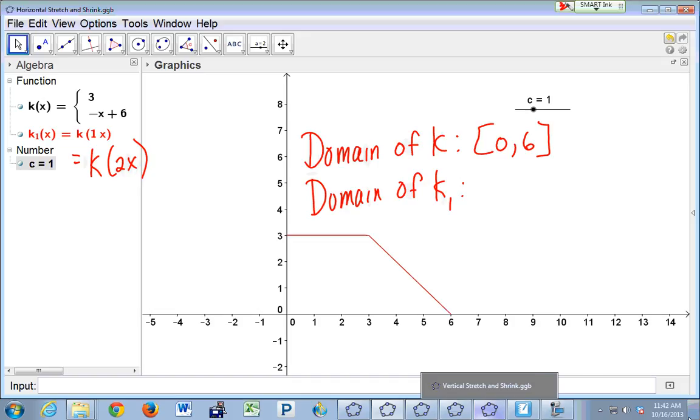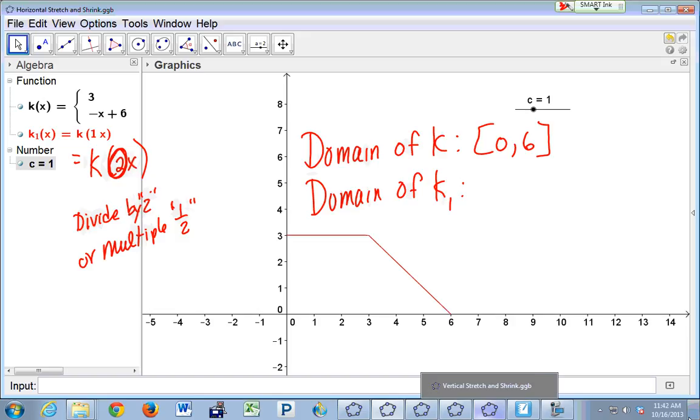What do you have to do to 2x to get 1x? Divide by 2 or take half of it. So here's c. You either divide by 2 or multiply by 1 over 2, which is a half. So either divide by 2 or multiply by 1 over 2, whatever that number is in front of x.